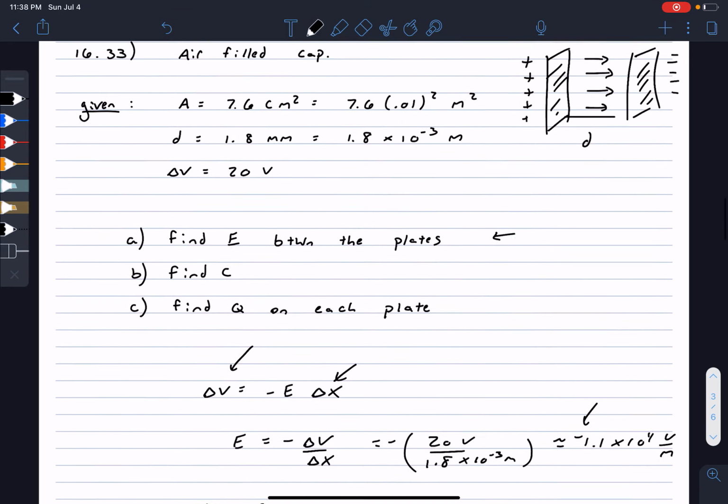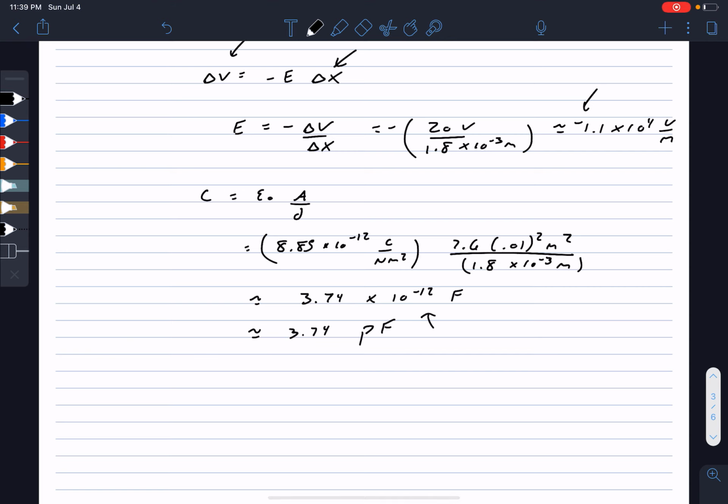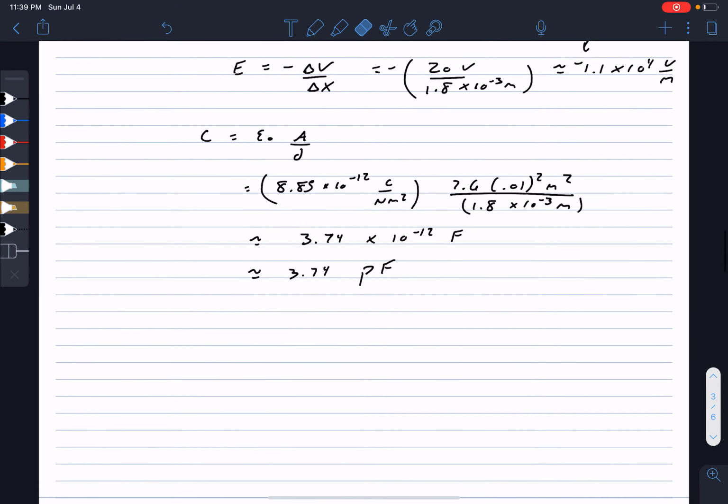We were given this value in centimeters, we can go 0.01 squared meters squared, over 1.8 times 10 to the negative 3 meters, because this was the distance. This is going to give us a value of 3.74 times 10 to the negative 12 farads, or we can say 3.74 picofarads. Pico is a unit of negative 12.